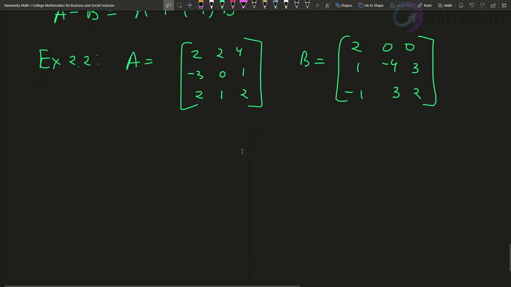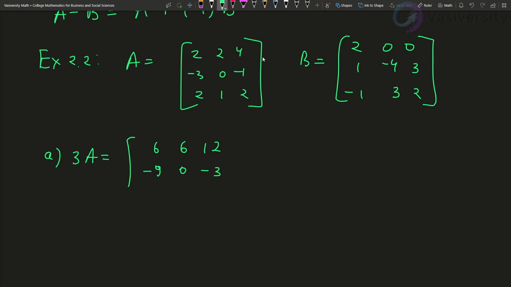Okay, so if I multiply part A, 3A is going to be equal to 6, 12, -9, 0, 3. I forgot the negative in my notes. Okay, and then 2, 1, 1, 2. That's going to become 6, 3.